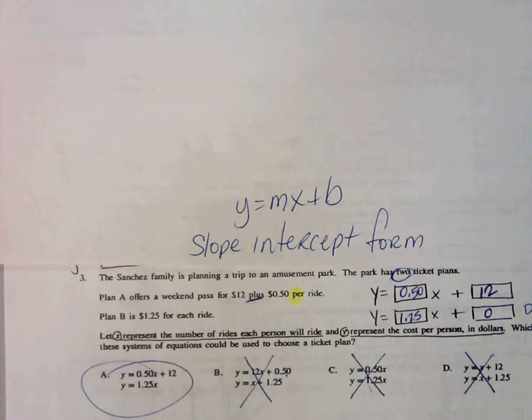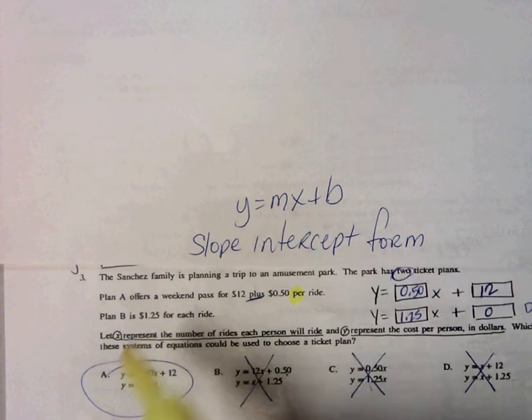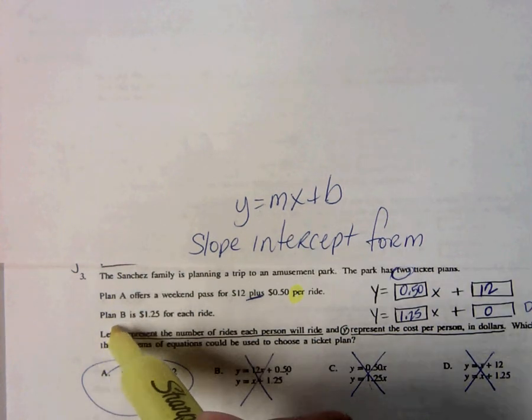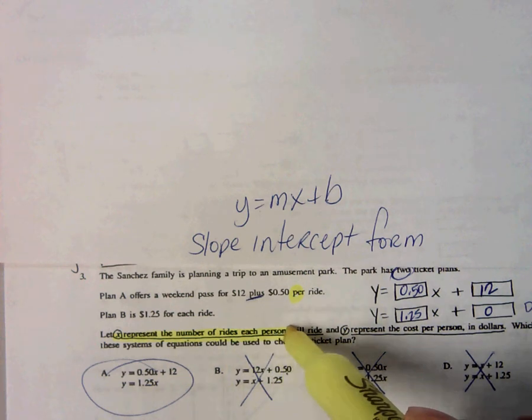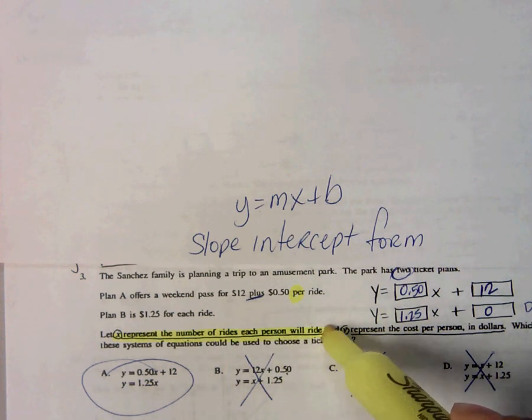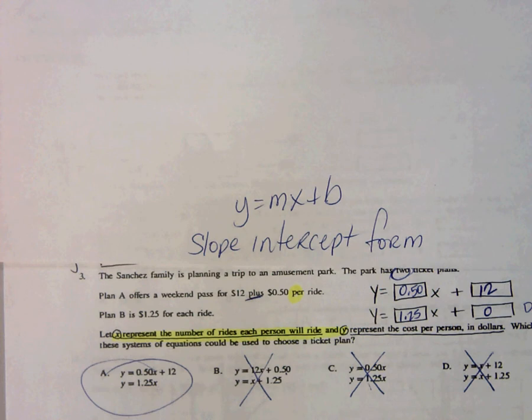Okay, we are about to move on to number 5. Before moving on to number 5, I want to make sure on number 3 you paid attention to the fact that it says make sure X represents the number of rides each person will ride.